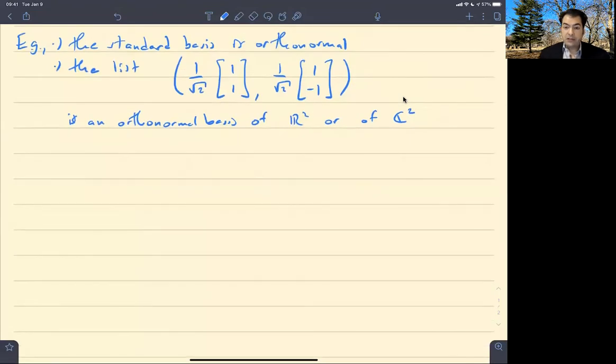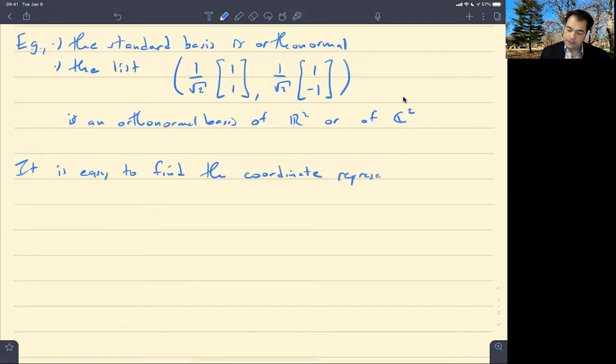Okay, orthonormal bases are very convenient to use. For example, it is easy to find the coordinate representation of a vector with respect to an orthonormal basis.